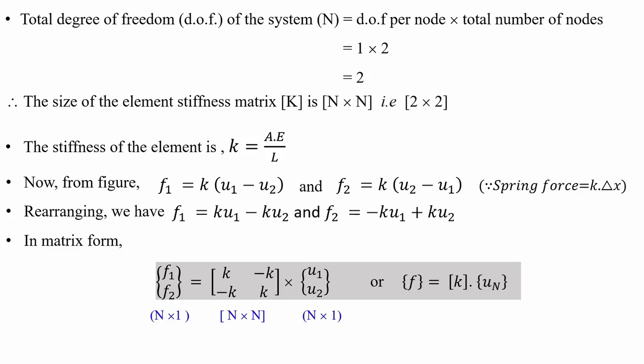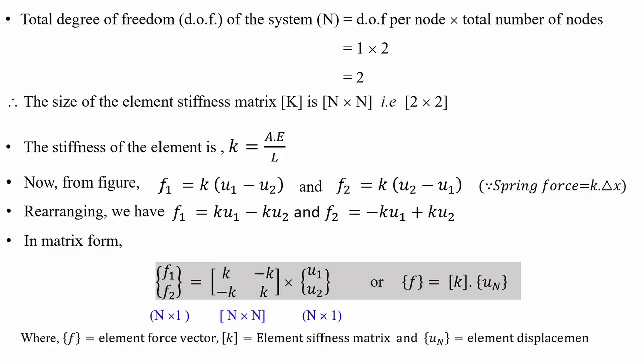As already discussed, the total degree of freedom decides the element stiffness matrix. So here you can see the order of the element stiffness matrix is n by n, whereas the order of the displacement matrix is n into 1. F is known as element force vector, K is known as element stiffness matrix, and Un is known as element displacement matrix.